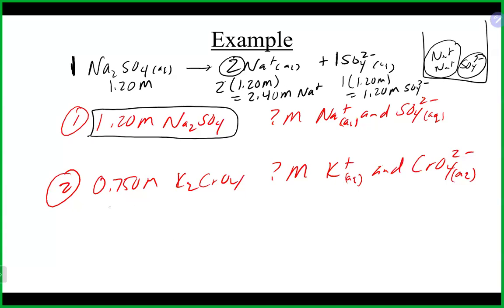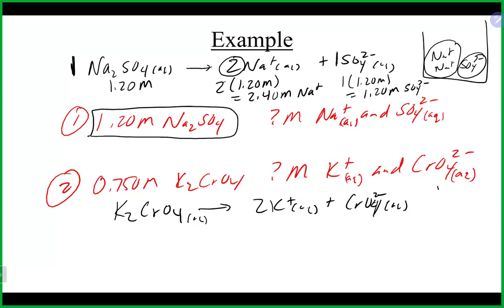Same thing here for the second one, a little potassium chromate. When that breaks apart, we're going to get a couple of potassiums and a chromate. Again, same idea here. If we were looking in the solution, we'll have a couple of potassiums per one chromate that comes out. That means if this is 0.75 molar, again, it's a 1 to 2 relationship here.